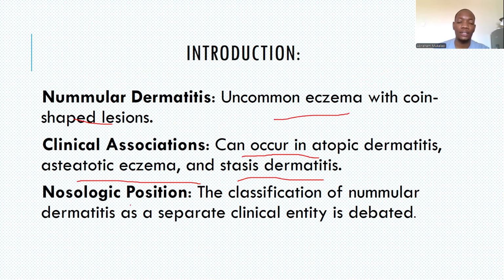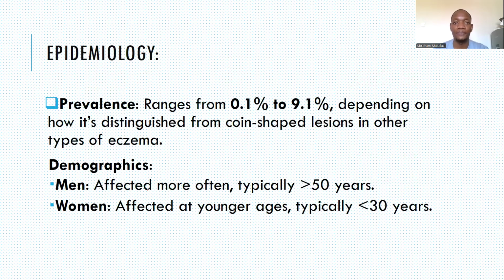So there's actually a contention up to date where they are thinking that nummular dermatitis may not be its own entity, but just a morphological presentation of these other eczemas. So even up to now, I'm discussing it as an entity, but the literature will tell you that the entity is not yet well differentiated from the other causes of eczema.